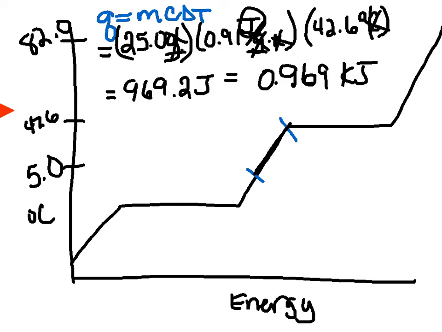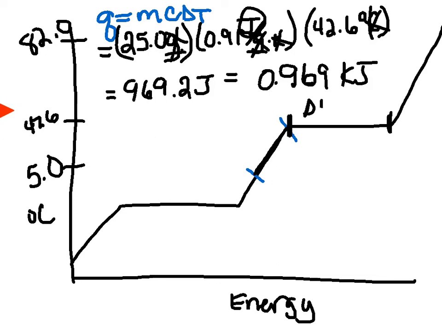Now we're ready to calculate the amount of energy that's going to go into the phase change to change the substance from the liquid phase to the gas phase. So that's going to be our flat part of the graph here. And obviously there's no temperature change, and we said that the amount of energy required to go from the liquid phase to the gas phase is called the delta H vaporization.